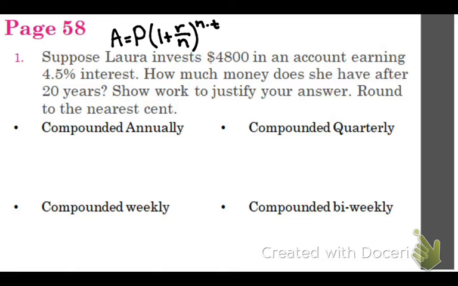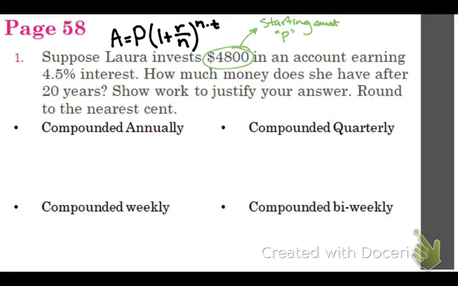So, what do we know? What does it tell us first? She has 4,800, and what does that mean in our equation? It's P. That's our starting amount. That's what she starts with. What's the second piece of information we know?